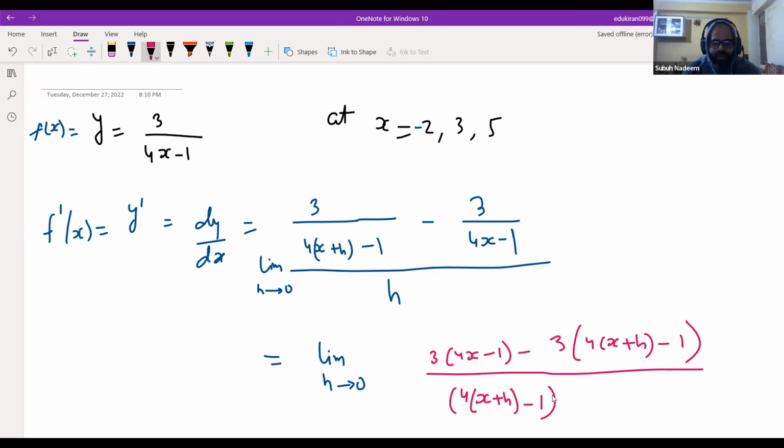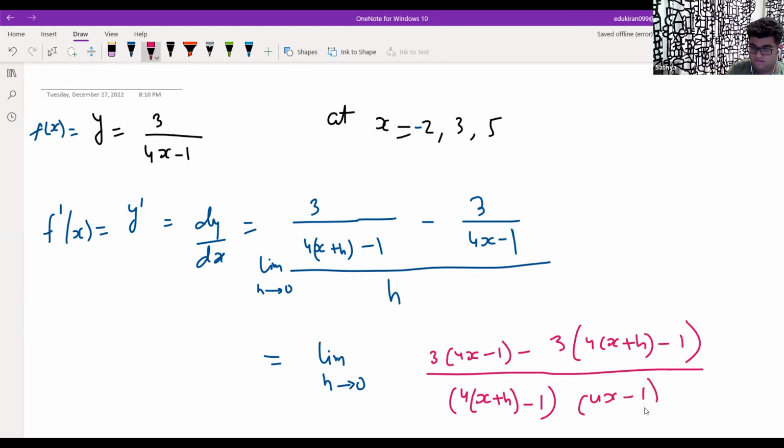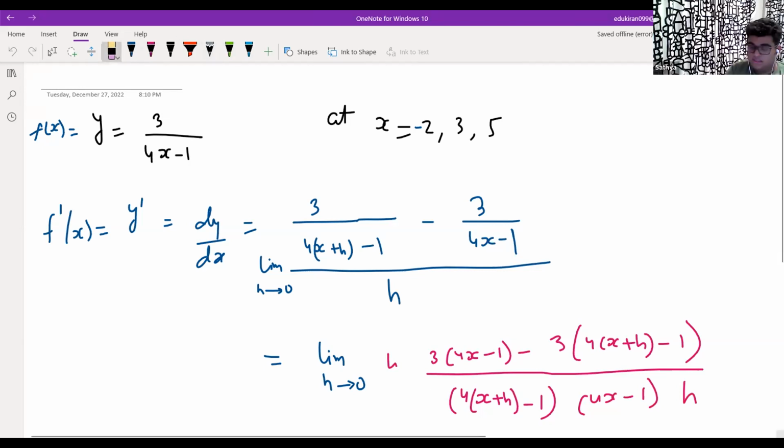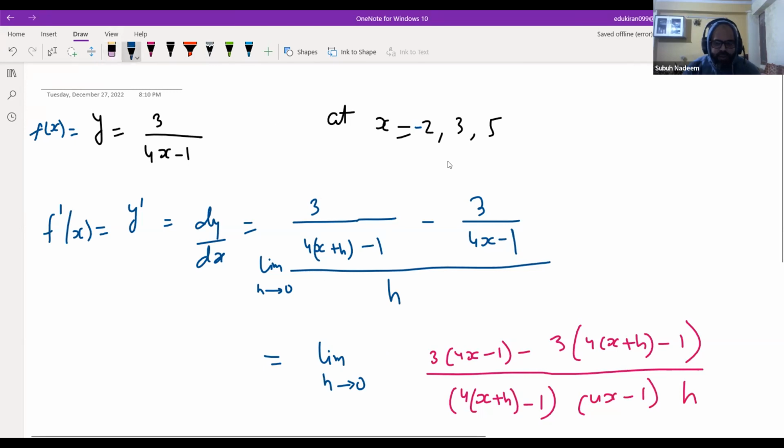Okay, that is fine. Without opening, we can write it like this, no? Into h, can we write it here? Yes, it will come in the denominator.